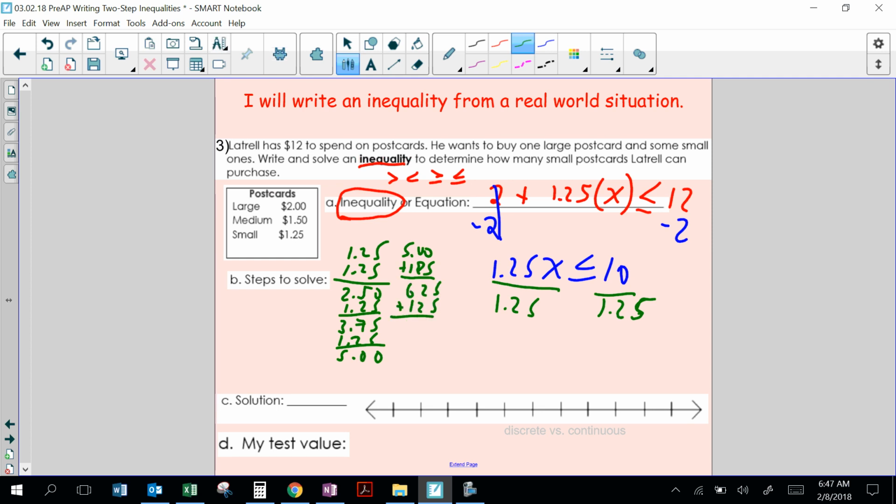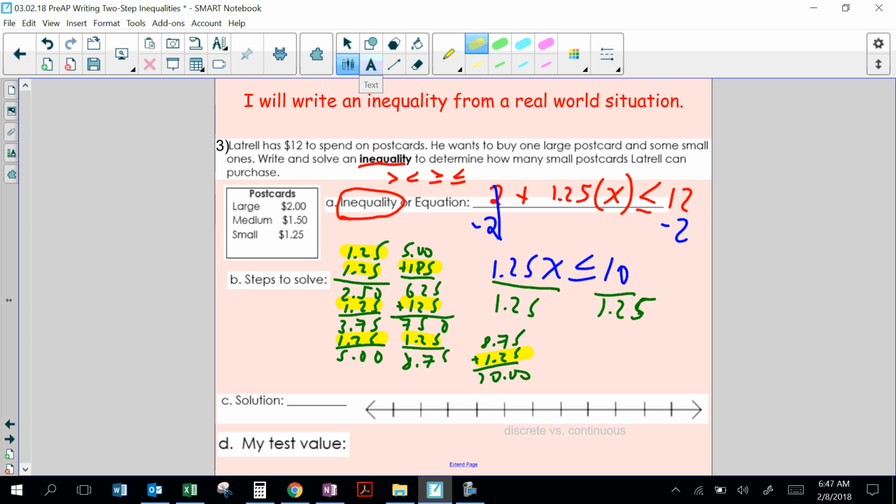Plus $1.25 is $7.50. Plus $1.25 is $8.75. Plus $1.25 is $10. Let's count the number of $1.25 added: 1, 2, 3, 4, 5, 6, 7, 8. So it's 8. Not very efficient, if you can tell.